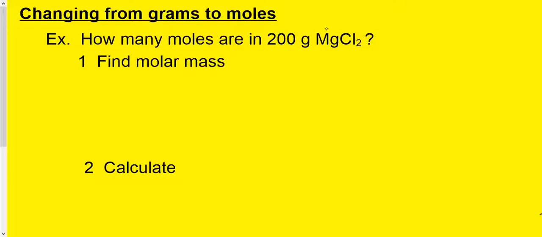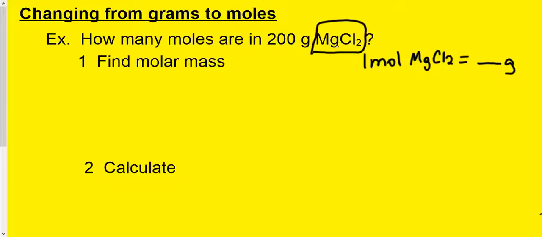Before we change from moles to grams, or from grams to moles, we need to know how many grams are in 1 mole. 1 mole of magnesium chloride is equal to how many grams? That's, in other words, the molar mass. So we look at the formula of magnesium chloride and we see that there is just 1 magnesium. Look at the periodic table for magnesium and see that it is 24.3 grams.